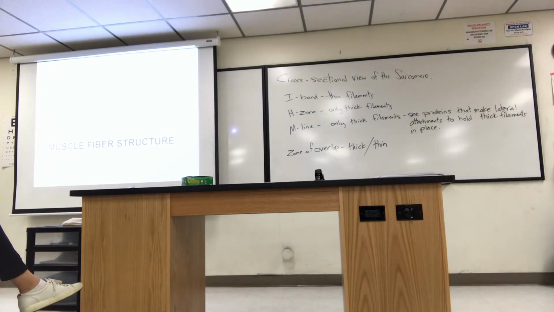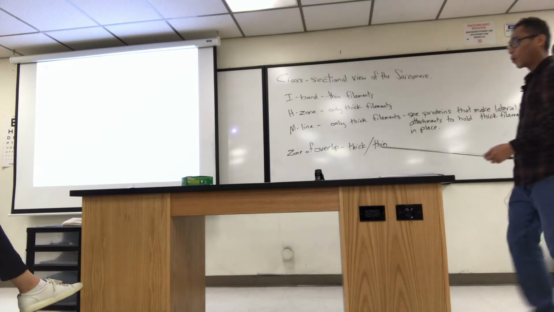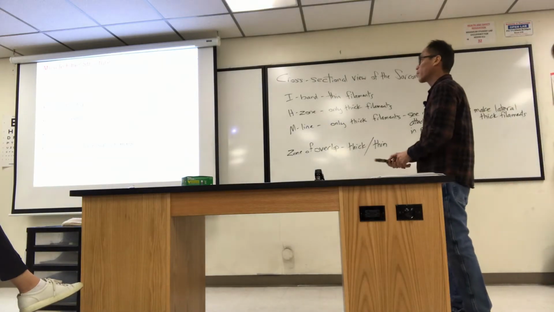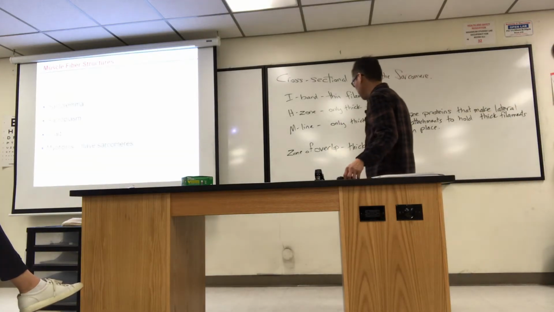And so in studying the sarcomere, there are things I haven't mentioned yet. So let's talk about muscle fiber structure a little bit more besides the sarcomere. Here are terms I haven't used yet.